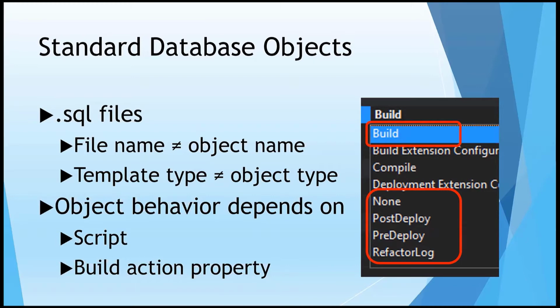The two really important ones are build and none. Build means this is a standard script, include it in the project validation, include it in the DAC pack when you build, all of that stuff. And none means ignore this script completely, pretty much. Don't include it in any validation, don't include it when you build the project. There are reasons that you'd have a script as none. And those other three we're going to cover in a little while.